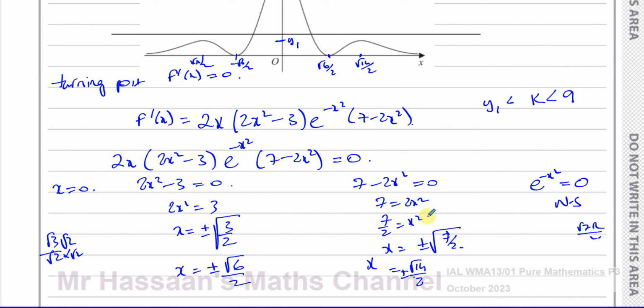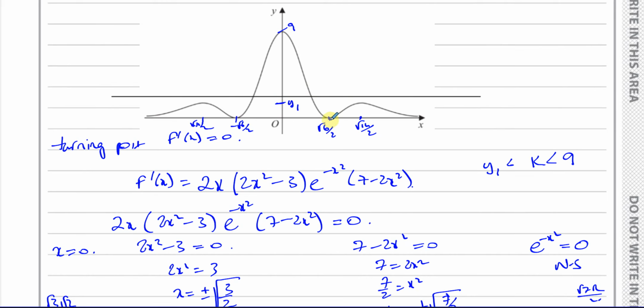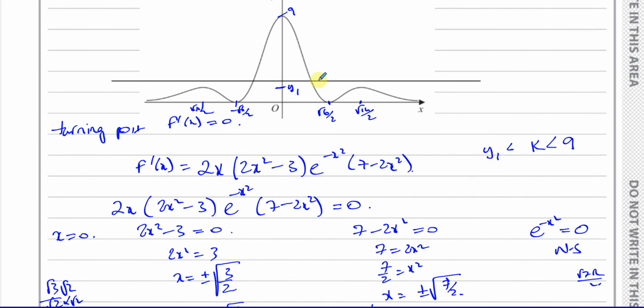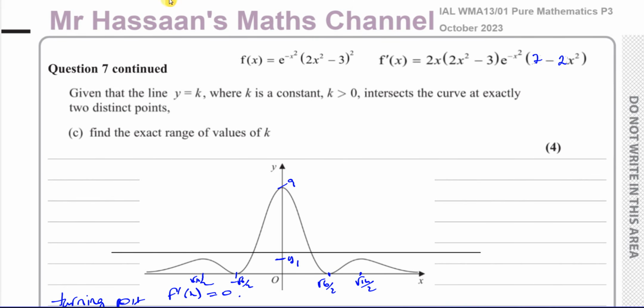So what we need is the y value at that point. When x equals, choose one of them because they're symmetrical, they're at the same level. I can choose one of them, find the y coordinate of one, and it will be the y coordinate of the other. So when x equals root 14 over 2, then y equals, we get back our y equation. I'm just going to bring it down here so I don't mess up.